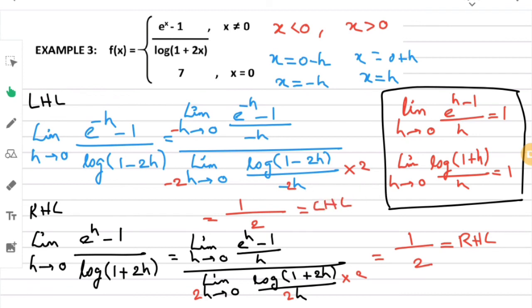That f of x function is a discontinuous function. Okay, if it is continuous, all three should be equal: left hand limit, right hand limit, and the function value at that point should also be equal. So it is not continuous.